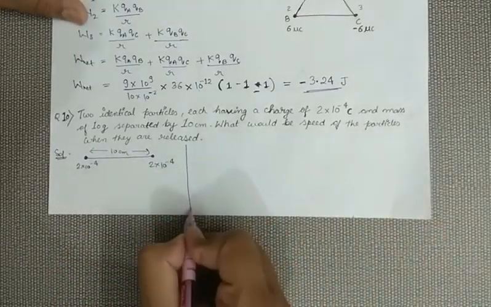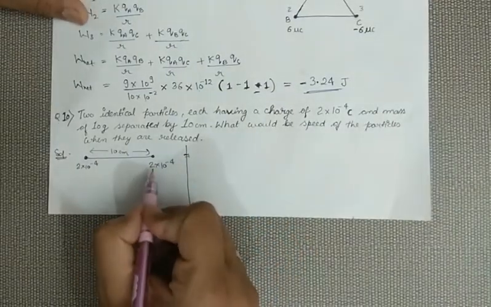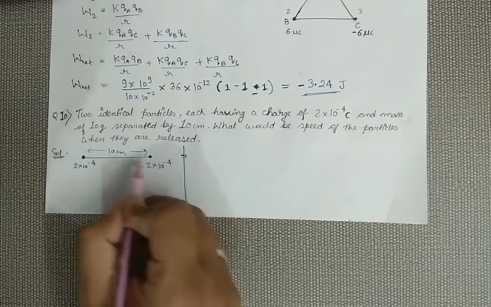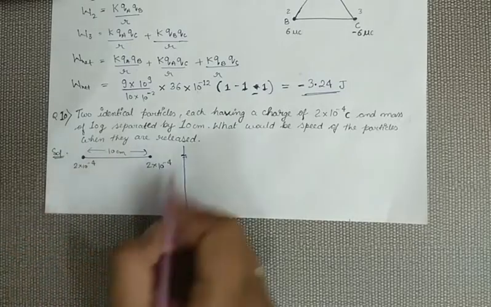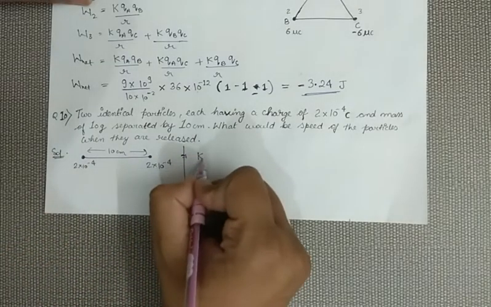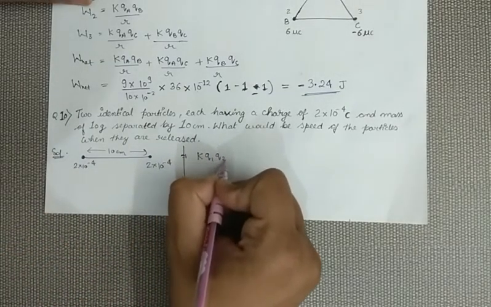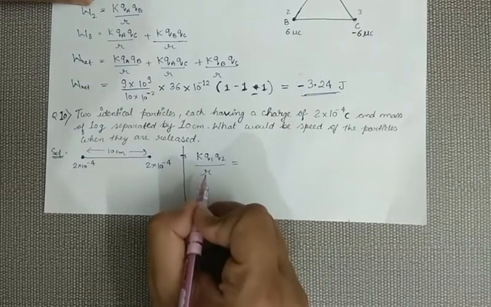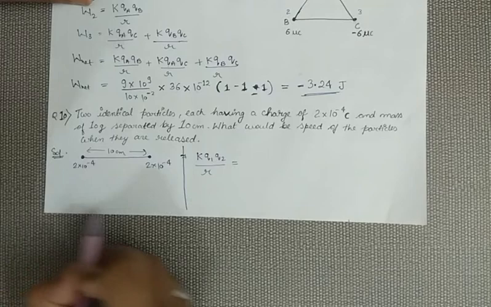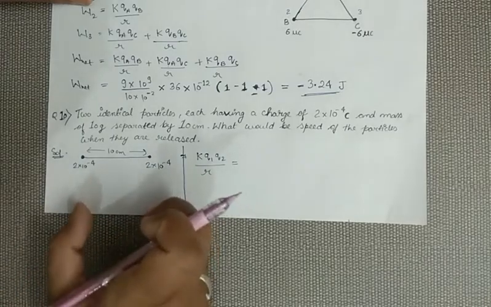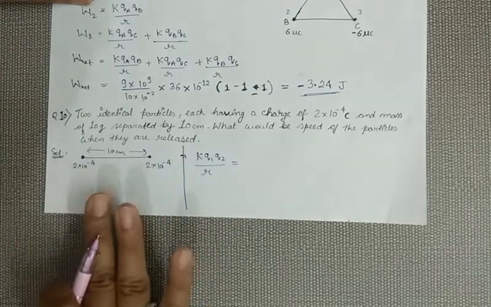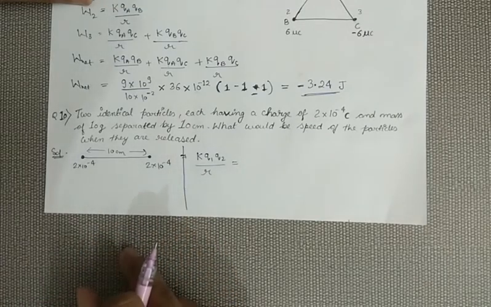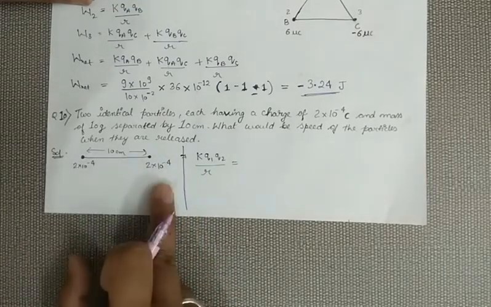So see, in order to keep these two charges here, we have to do some work. The work done or the energy stored in the system is right now K, first charge, second charge upon distance. This is the total potential energy which is stored in this system right now. As I release these two charges, the potential energy will convert into kinetic energy, and because of the kinetic energy, they will get some velocity.